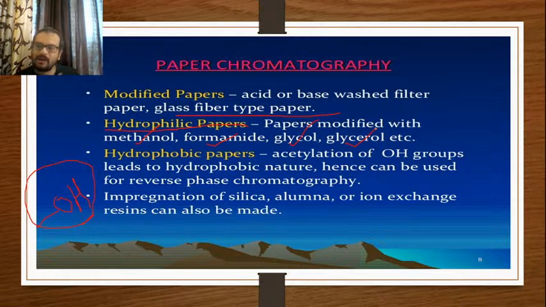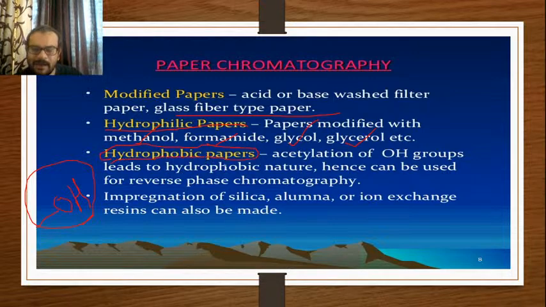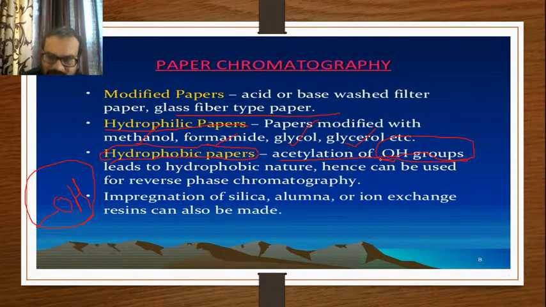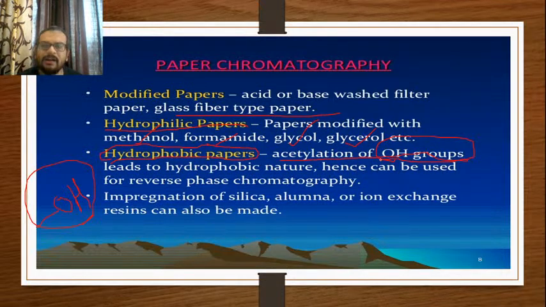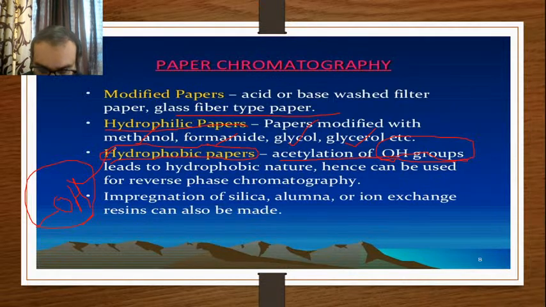Okay, on the other side, you can convert your paper into hydrophobic paper by acetylation of the hydroxyl groups. The cellulose hydroxyl groups can be treated with acetylation, which leads to a hydrophobic nature of your cellulosic paper, and hence, as we all know, hydrophobic nature involves reverse phase chromatography, so you can carry out reverse phase chromatography also.